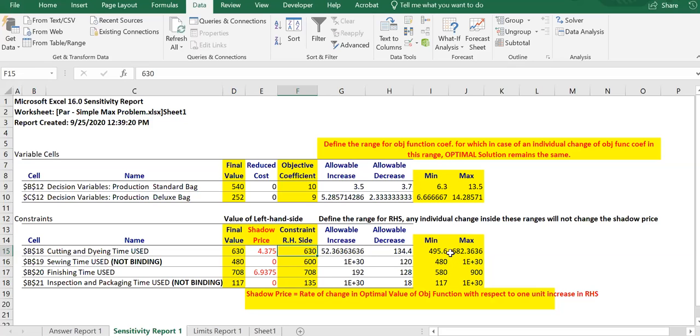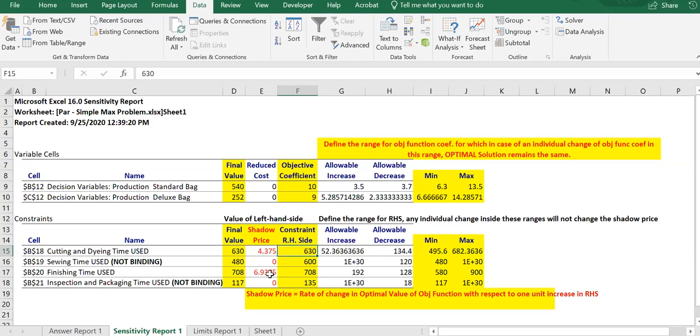You can take it up to 682.36. So the impact of the shadow price is only valid up to this point. After this point, you need to reevaluate the situation again.